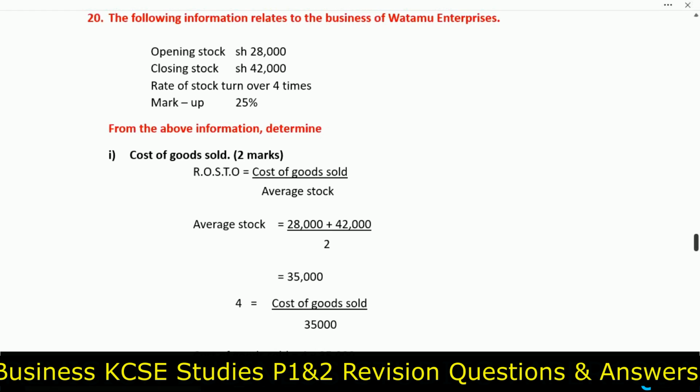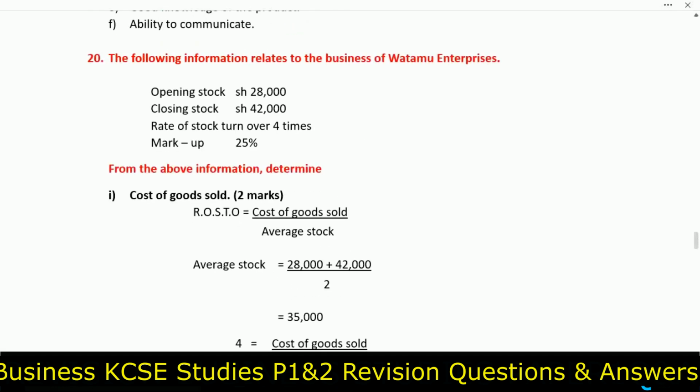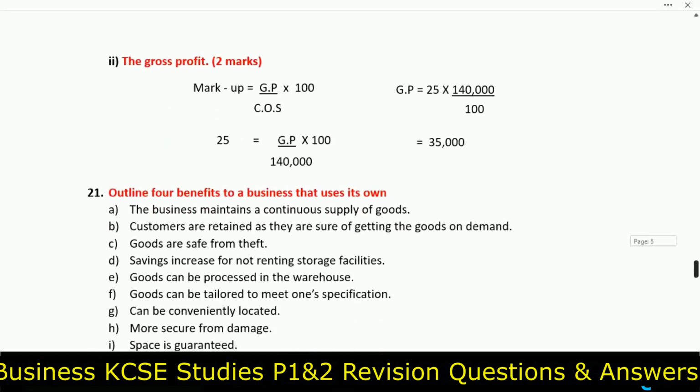From the above information, determine cost of goods sold. You can see this is how it is calculated. Very simple calculations. Roman 2, you're told the gross profit. You can easily count that.